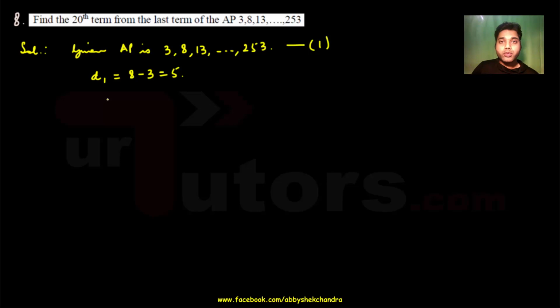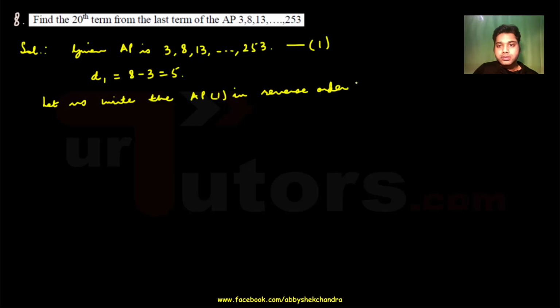Now we need to find the 20th term from the last term of this AP. So what we are going to do is invert the AP. We are going to start writing the AP from 53 onwards, and we are going to reach the last term 3. So let us write the AP1 in reverse order.